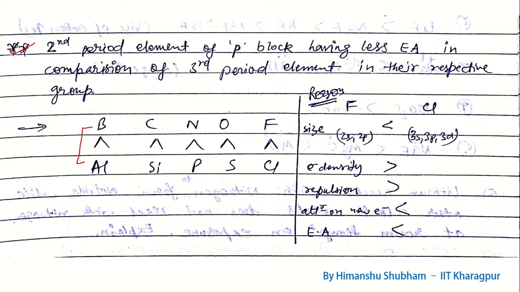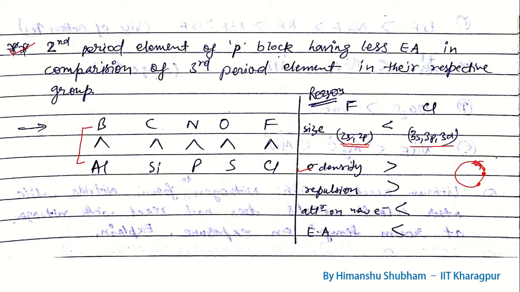In comparison of size, we know that F has up to the second shell, and Cl has up to the third shell. Therefore obviously the size of F would be less than Cl. Having a smaller size, it would have a larger electron density around it, and therefore the repulsion between the electrons would be greater.